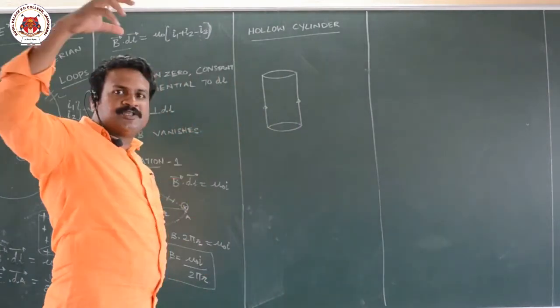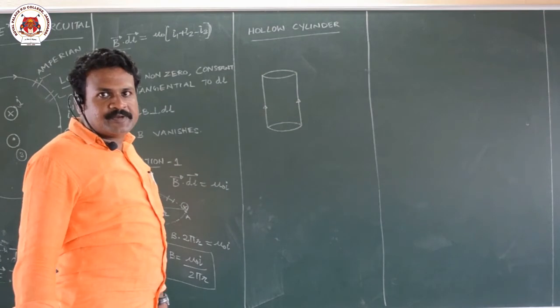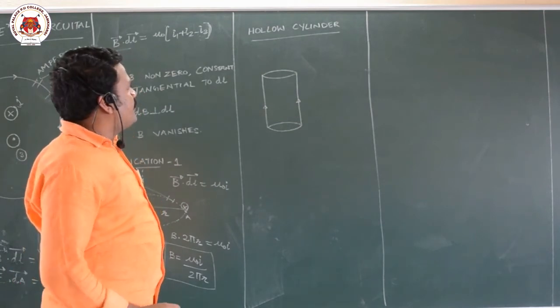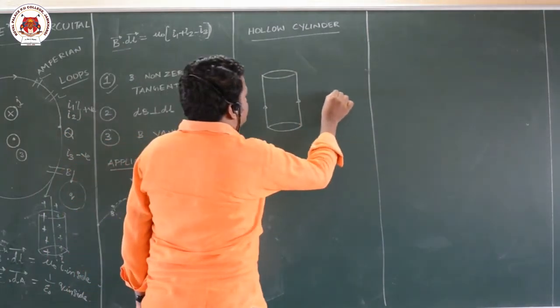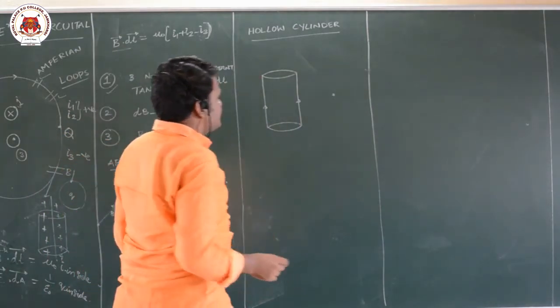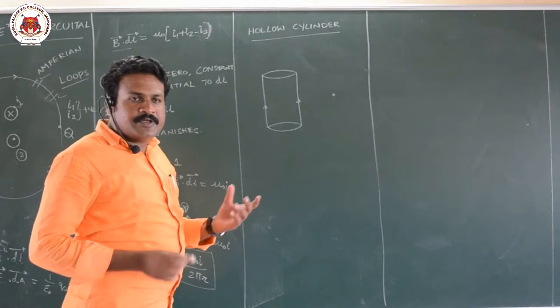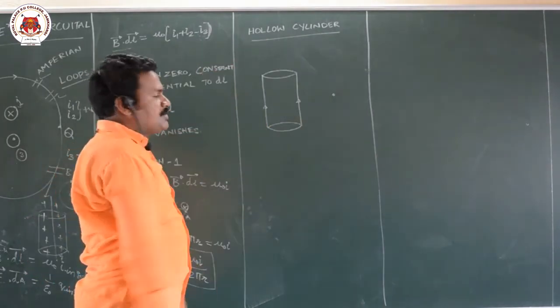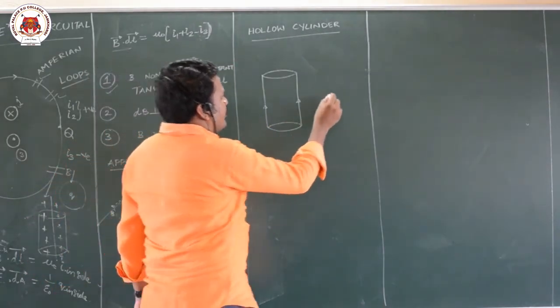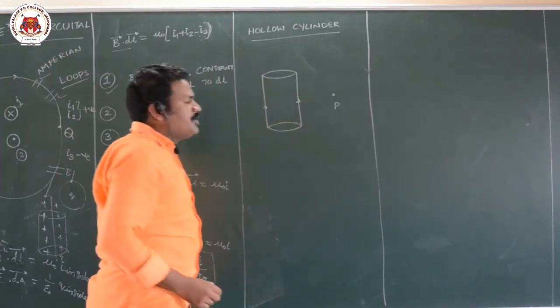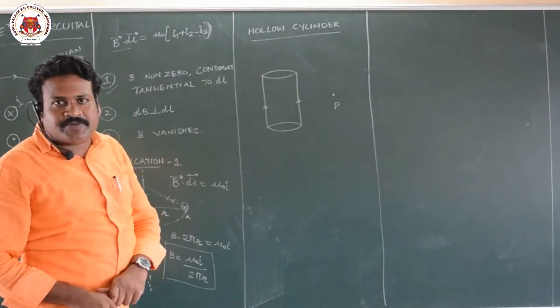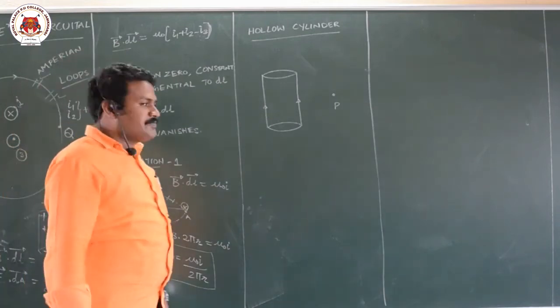A hollow cylinder like this, wire. If you want to know the magnetic field due to this wire, which is hollow and current is flowing like this, if you want to find the magnetic field at a point P, let us assume you are finding the magnetic field at point P.